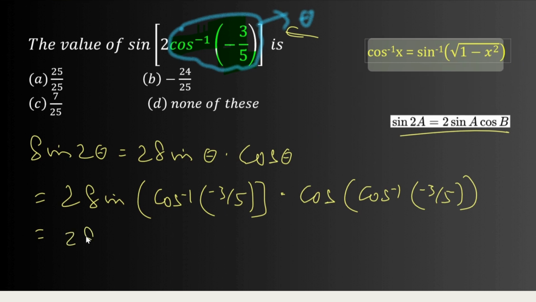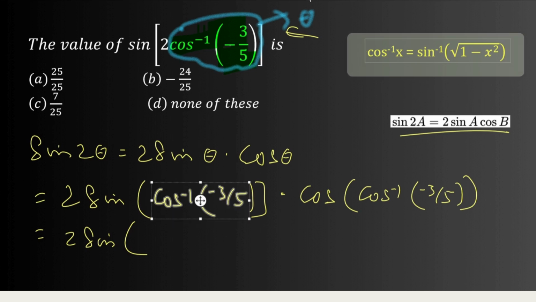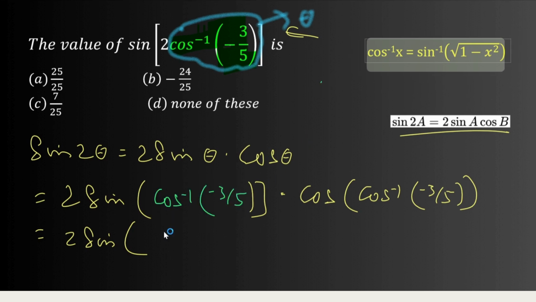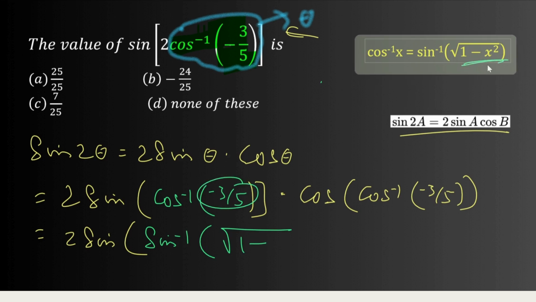So this is 2 times sine, and I'm going to rewrite cos inverse x in terms of sine. So cos inverse in terms of sine is sine inverse of under root 1 minus x square. And what is the square of this number?